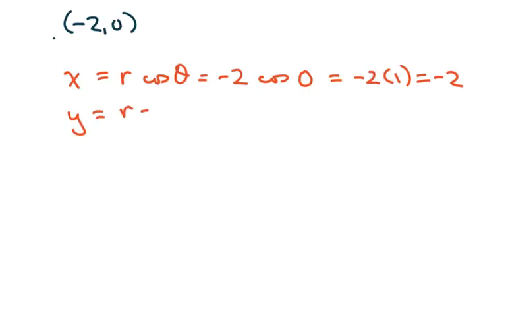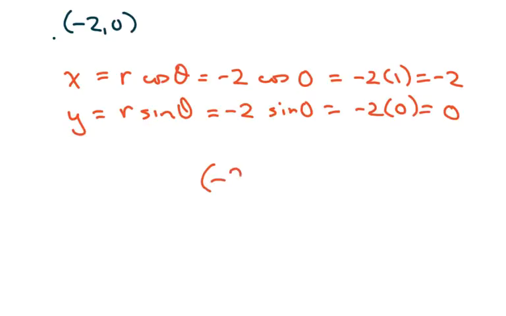Y equals r sine of theta, which equals negative 2 times sine of 0. Sine of 0 is 0. I always do this. Every time it's 0, I put theta. So negative 2 times 0 is 0. So x comes first. That's negative 2, comma, 0.